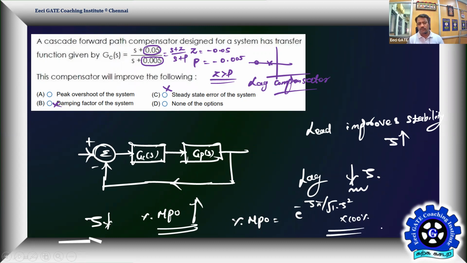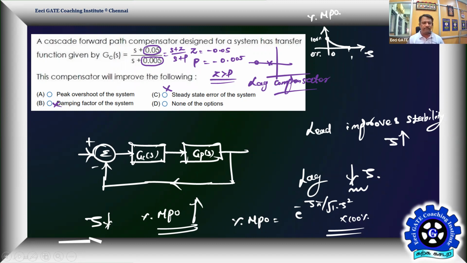So the overshoot will look something like this. This is zeta, and this is your percentage MPO. If you plot this, zeta 0, zeta 1. Between undamped and critically damped condition, the overshoot will fall exponentially from 100% to 0%. So what's happening is damping is decreasing means overshoot is increasing. This is not an improvement.